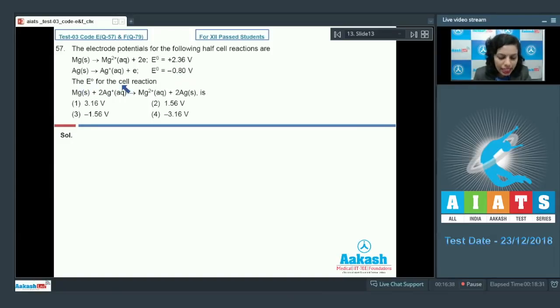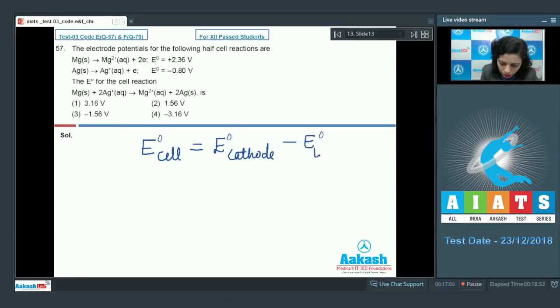The E standard for the cell reaction, Mg plus 2Ag+ giving Mg2+ and 2Ag, is asked. In this case, we have two different half reactions given, and we know that E naught cell is equal to E cathode minus E anode.